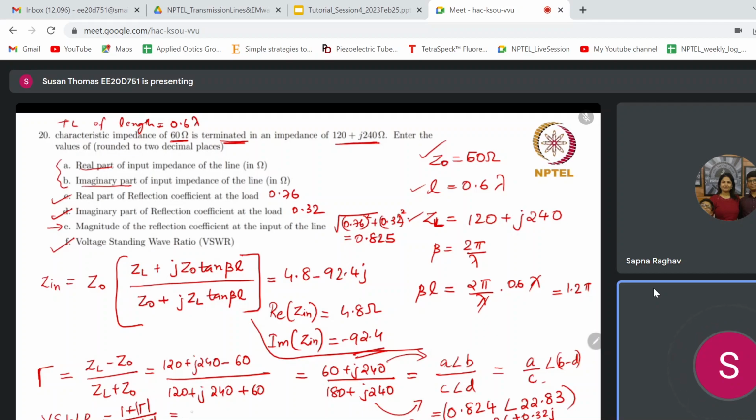So 1 plus 0.825 divided by 1 minus 0.825 is equal to 10.43. So this is the VSWR. These are all basic equations: the equation for input impedance, for reflection coefficient, and for VSWR.